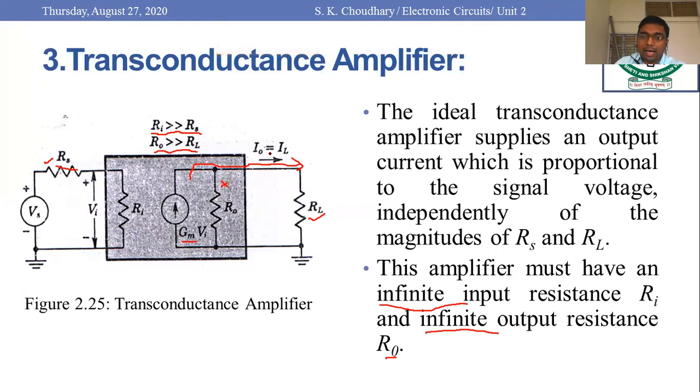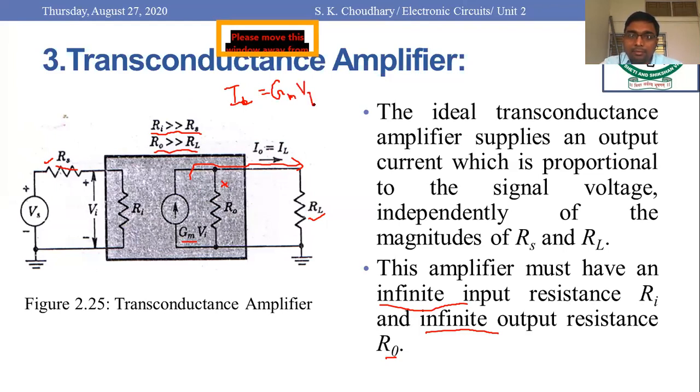So I0 is equal to IL. I0 is equivalent to what? Whether you say I0 or IL, it is equivalent to Gm Vi, as per the condition given here. And what is Vi?